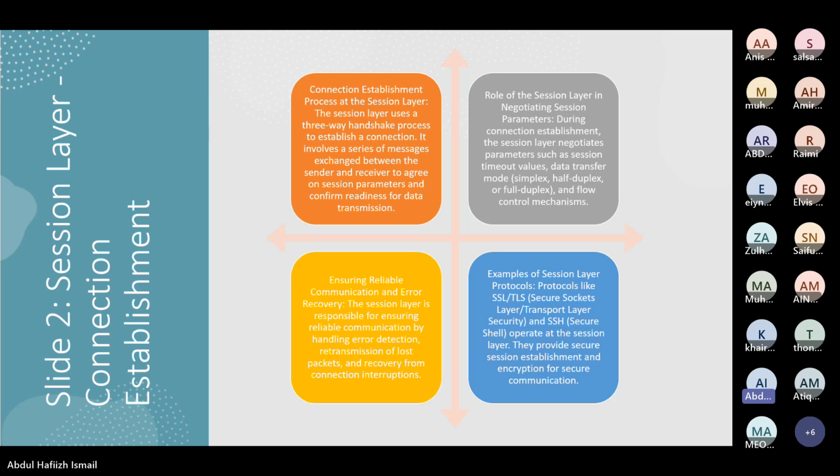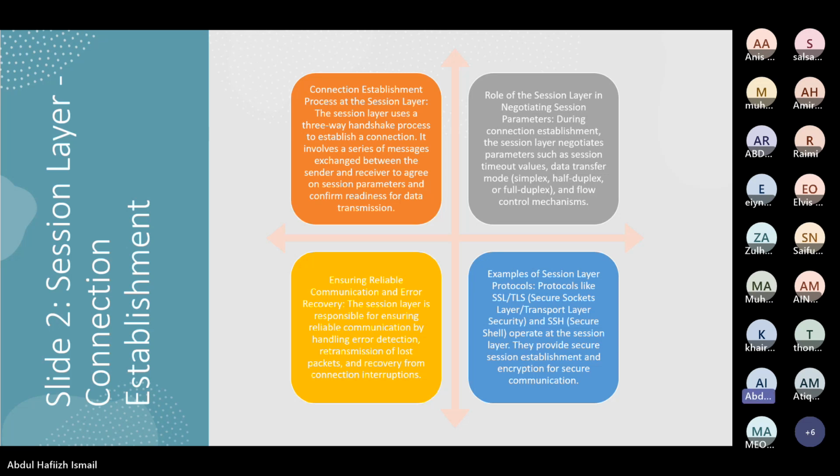One of the key roles of the session layer during connection establishment is negotiating session parameters. This includes important aspects such as session timeout values, which determine how long a session can remain inactive before being terminated.